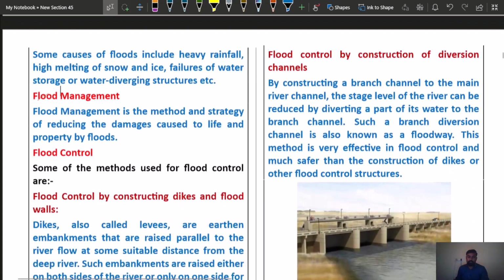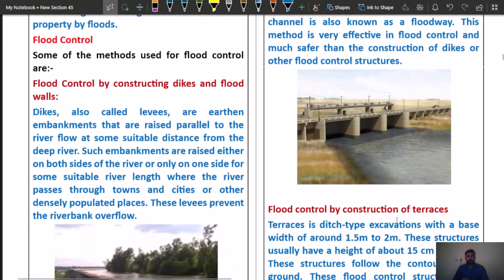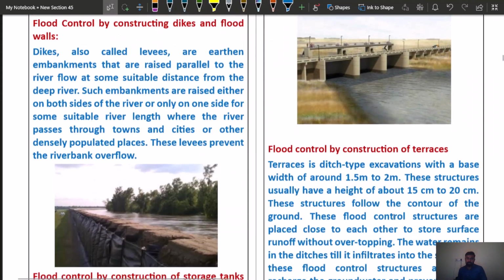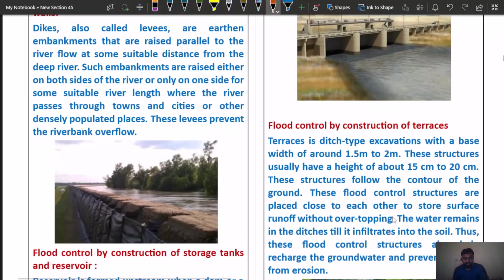Here are some flood control methods, which are flood control by construction of dikes and flood walls. Here we can see this is called a dike or embankment. This is provided parallel to the river flow. These levees are also called dikes.